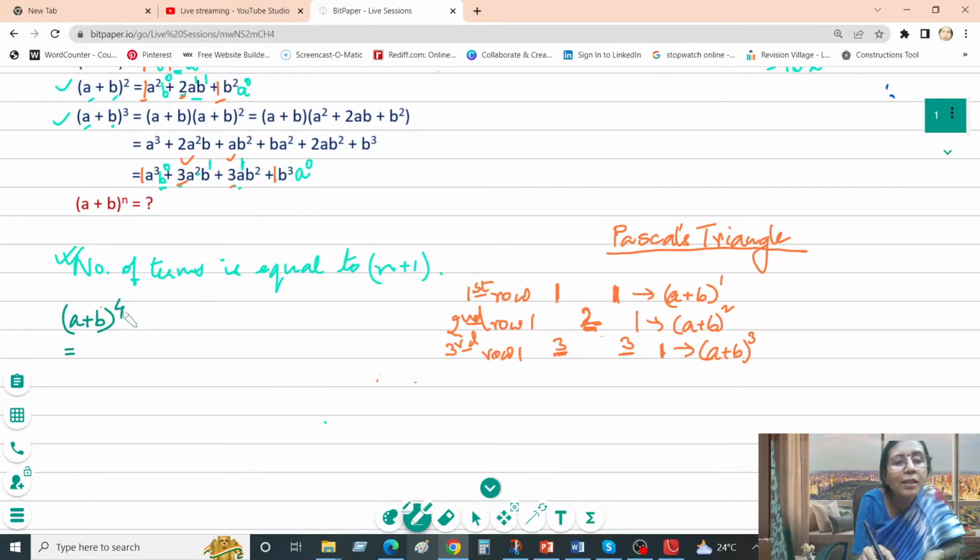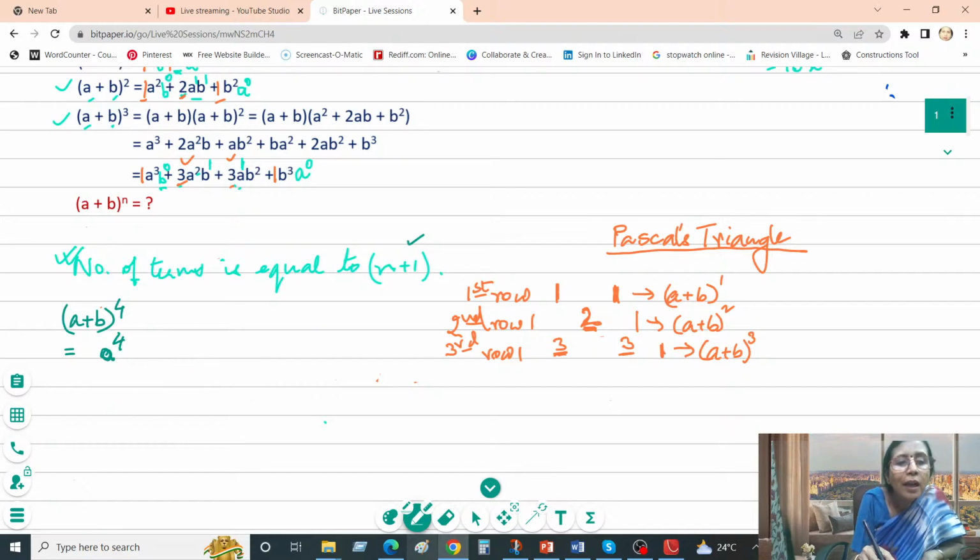First of all, we are seeing the power is 4. The value of n is 4. Therefore, the number of terms will be equal to 4 plus 1, that is 5. And all the terms will be positive because there is the plus in between. The first term will be starting with a to the power of the value of n, which is 4.